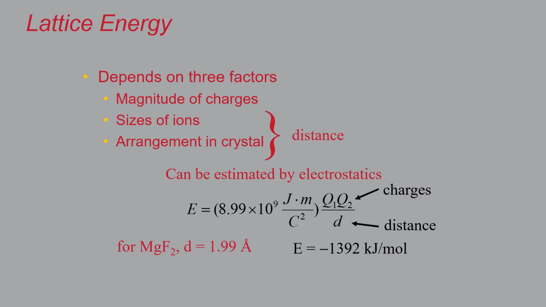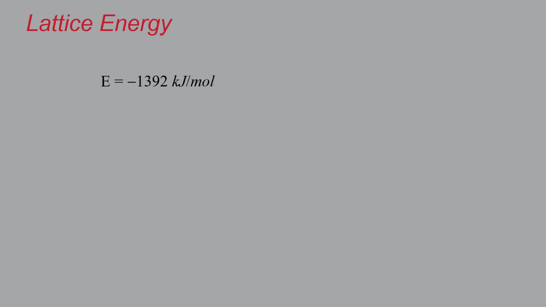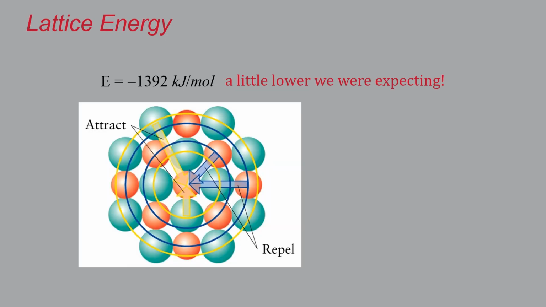And that is a little lower than we were expecting. Can you figure out what we were not taking into account? Here's a hint. It's roughly half of what we were expecting. All right.